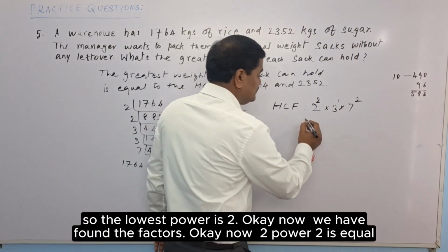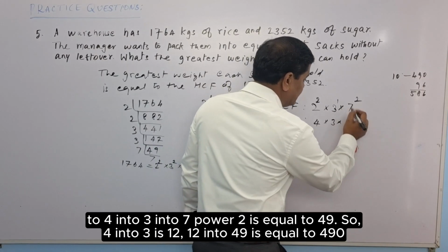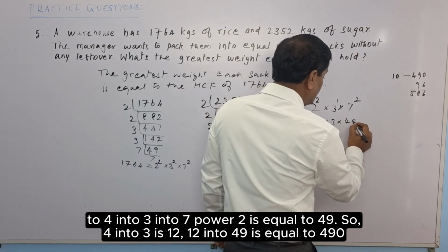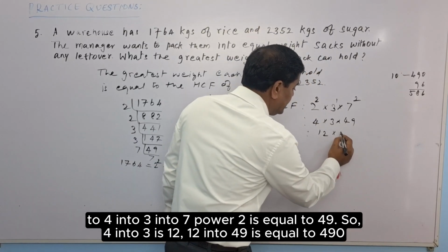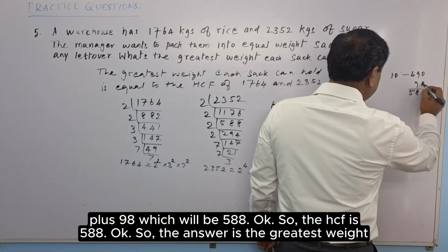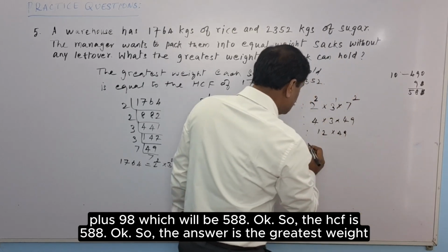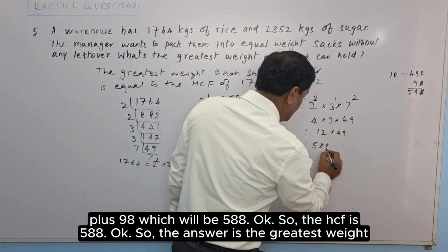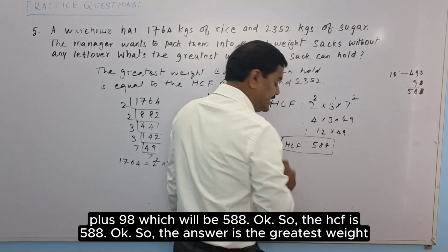Now 2 power 2 is equal to 4, into 3, into 7 power 2 is equal to 49. So 4 into 3 is 12, and 12 into 49 is equal to 490 plus 98, which is 588. So the HCF is 588.